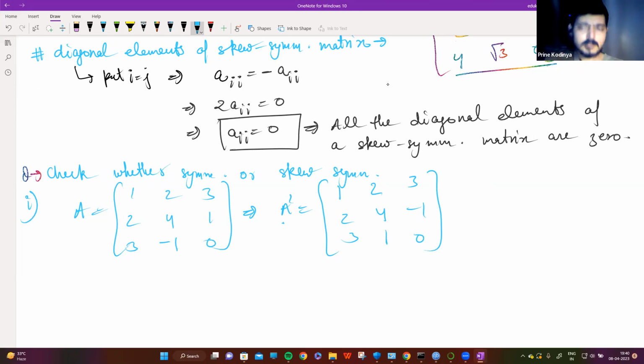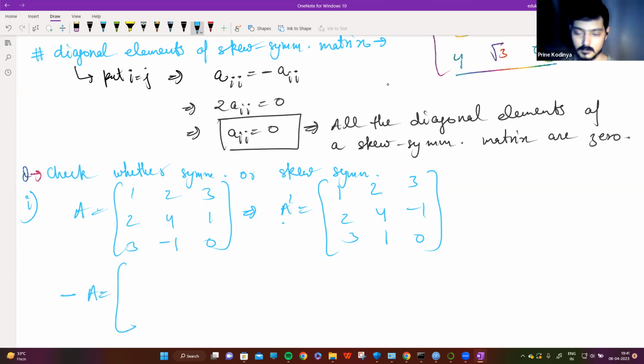Are they minus times of each other? If you multiply one of the matrices with minus, then can they be equal? If you multiply A with minus, then A dash will be equal to minus A. Minus A would be what?